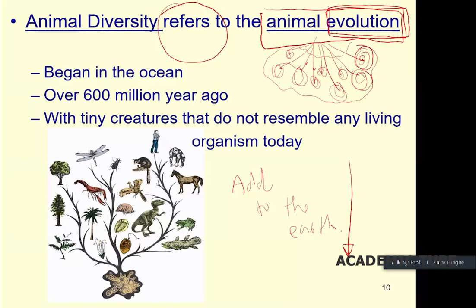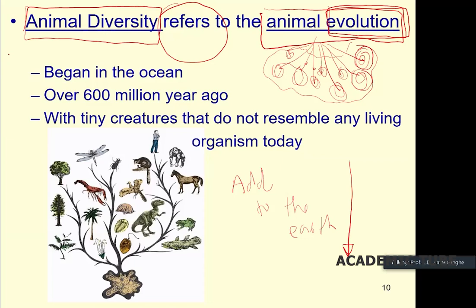So more and more animals adding to the earth will increase the diversity among the animals. So we are referring to animal diversity. Therefore, animal diversity refers to animal evolution.